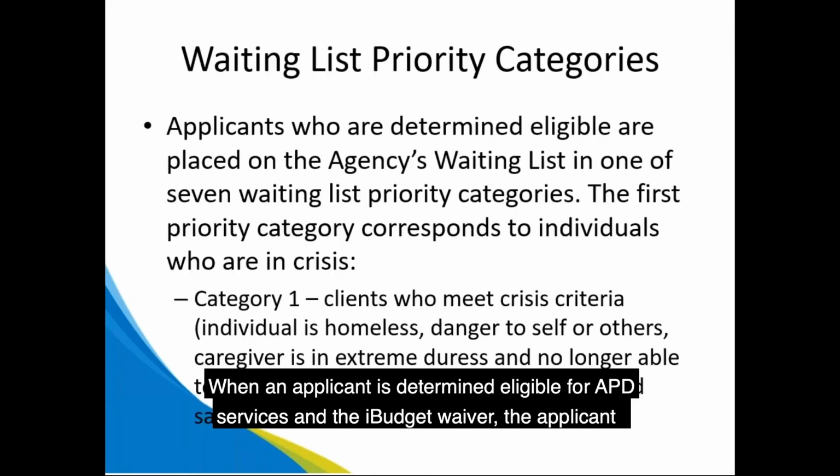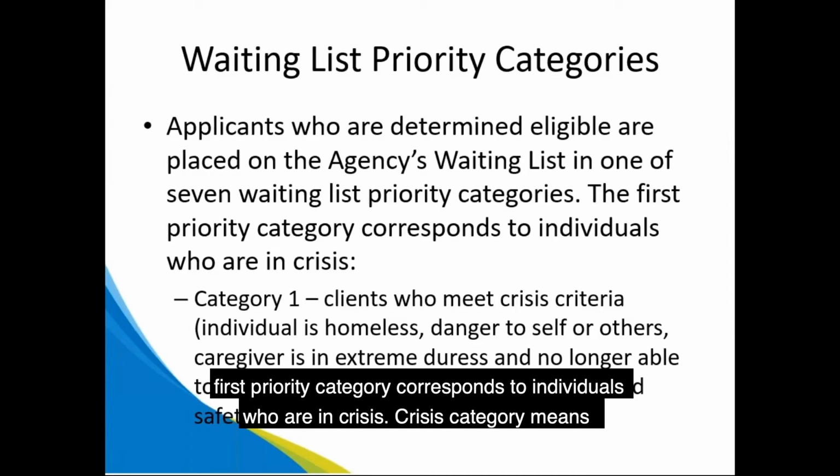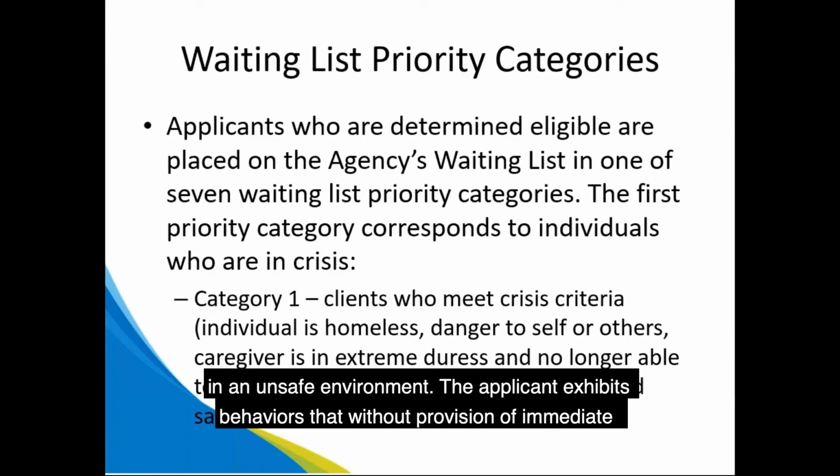When an applicant is determined eligible for APD services and the iBudget waiver, the applicant will be placed on the agency's waiting list in one of 7 waiting list priority categories. The first priority category corresponds to individuals who are in crisis. Crisis category means that the applicant is currently homeless, living in a homeless shelter, or living with relatives in an unsafe environment.